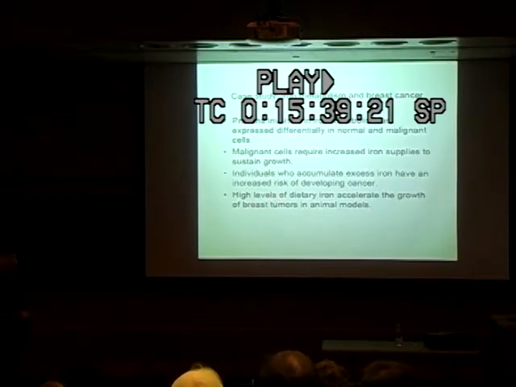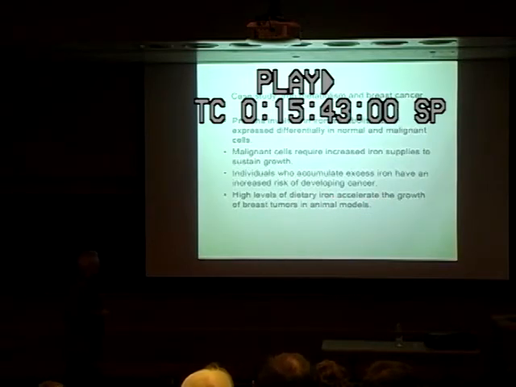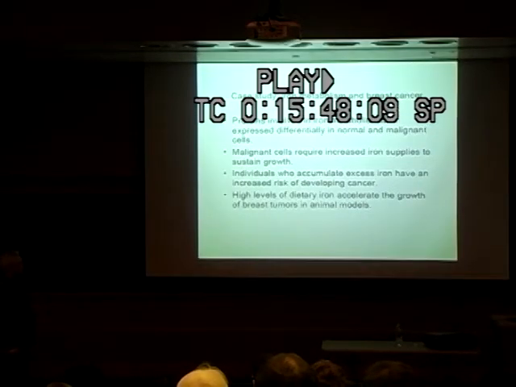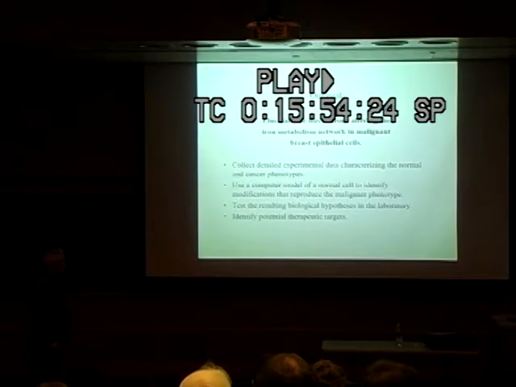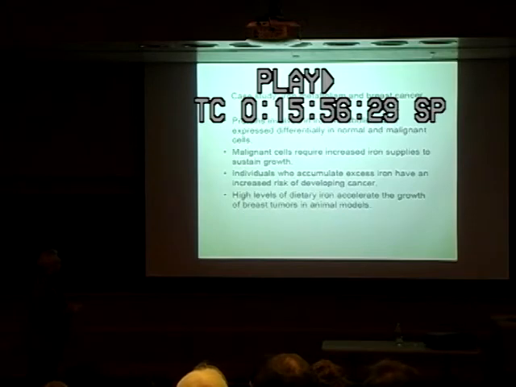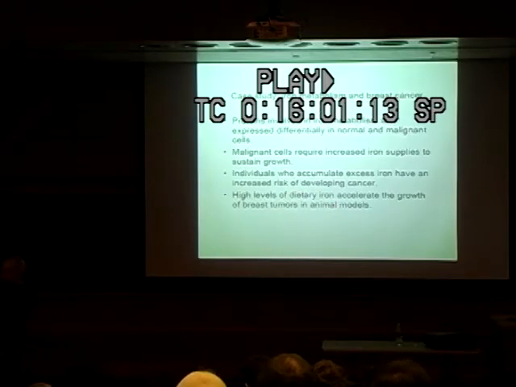It's been certainly tested in animal models that if you feed a diet high in iron, you get accelerated tumor growth. I'll talk a little bit more about this connection and show you some papers that establish it.